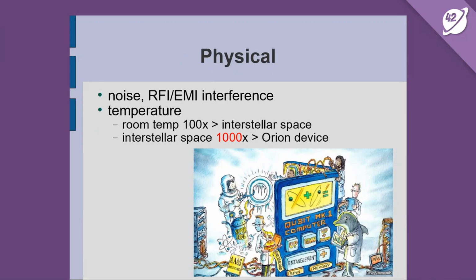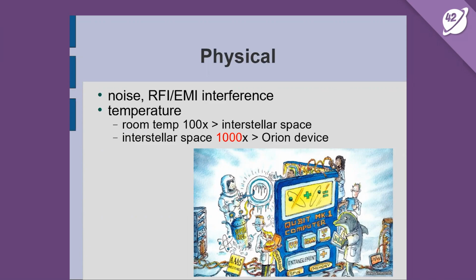In physical, this is really interesting. Again, the noise, radio frequency interference, electromagnetic interference, all of that stuff is a problem and needs to be addressed. But the big one, possibly, depending on which technology eventually gets used in this regard, is temperature. The Orion computer, well, it's running at super cold temperatures.